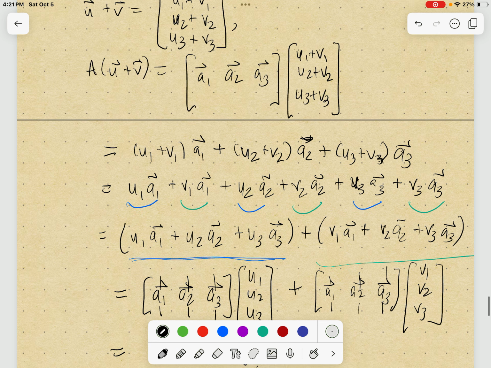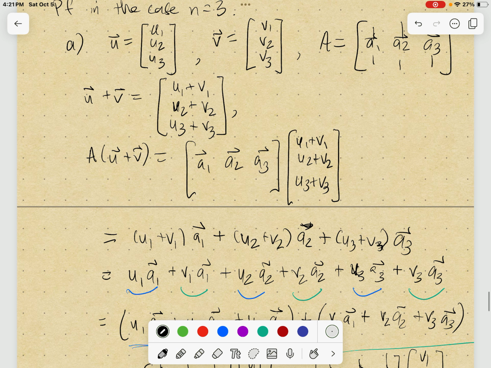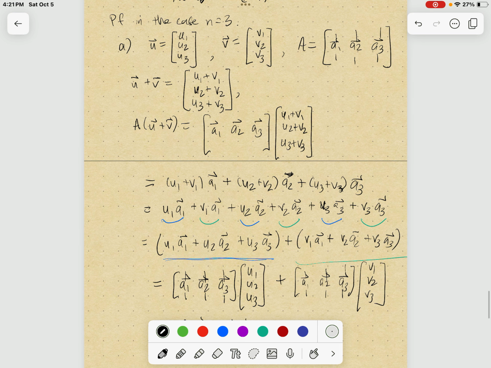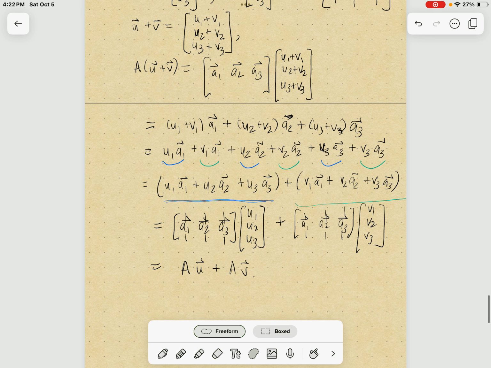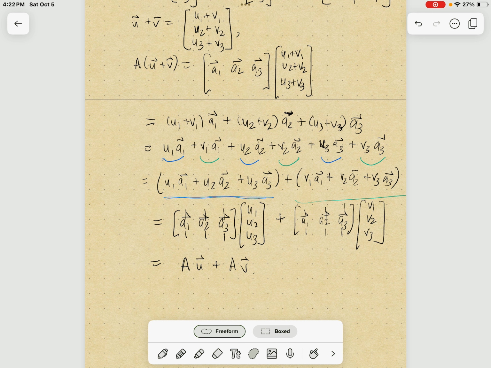So therefore, we do have, I just have a bunch of equal signs. This thing, A times u plus v, is equal to this, which is equal to this, which is equal to blah, blah, blah, which is equal to this. That means that these two are equal, which is what part A says.